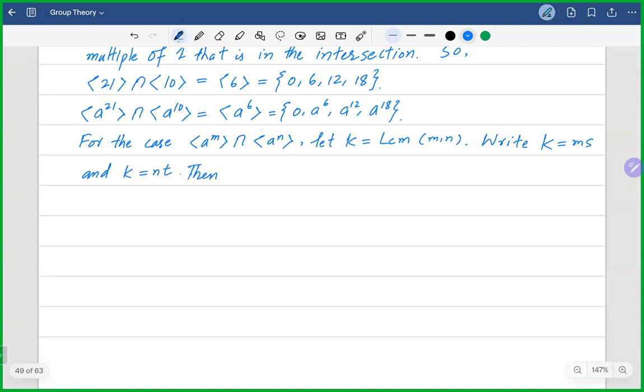Then a^k is equal to (a^m)^s, which belongs to the set generated by a^m, and a^k is equal to (a^n)^t, which also belongs to the set generated by a^n. So the set generated by a^k is in the intersection.